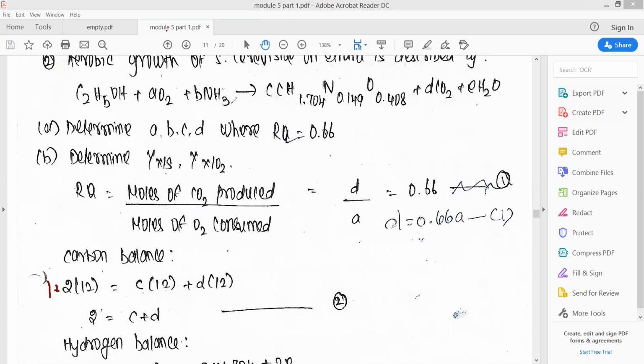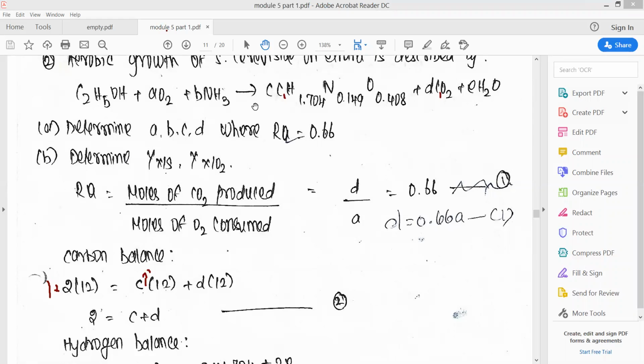Here nowhere else carbon, so C into 1 into 12. Always don't forget to write the 1, otherwise you will get mixed up. C into 1 into 12, and next plus D into 1 into 12. So you have got the equation 2 is equal to C plus D.